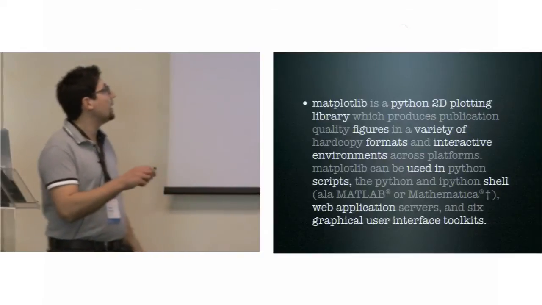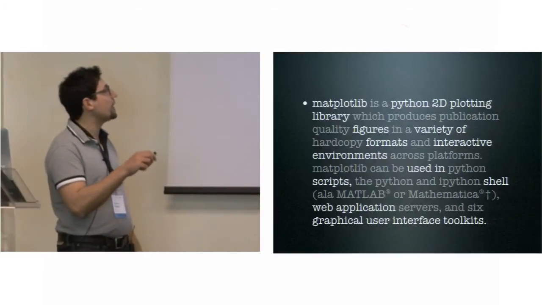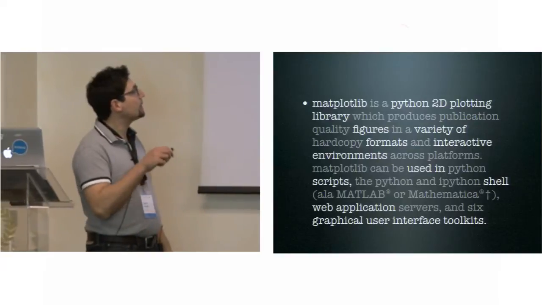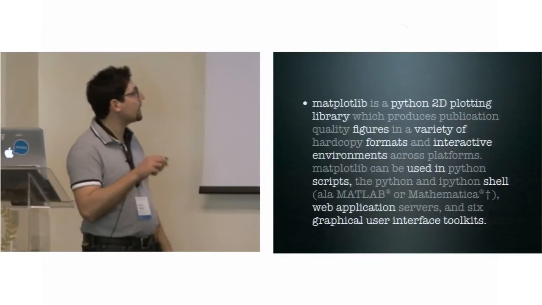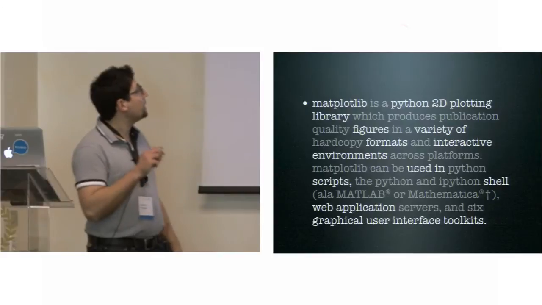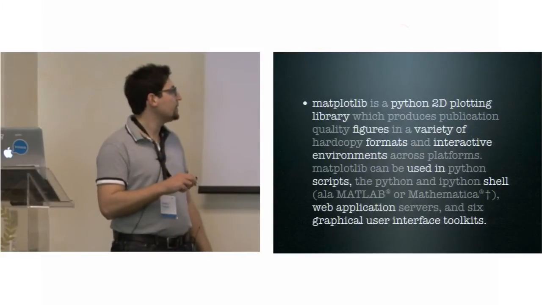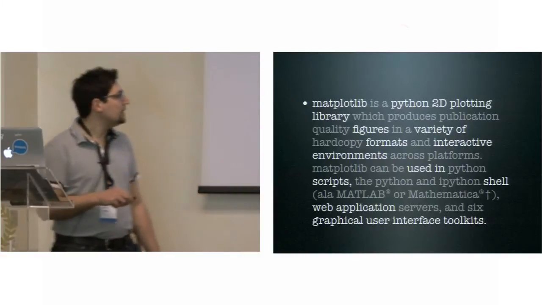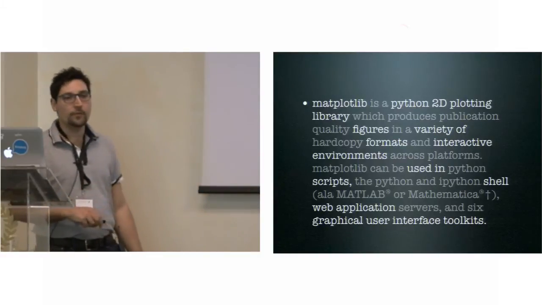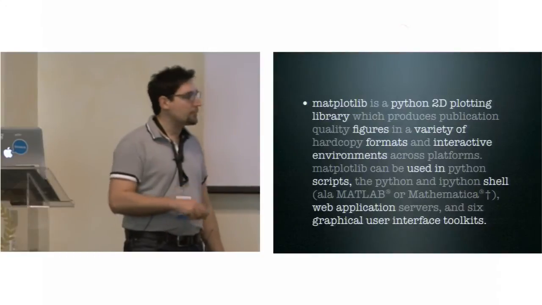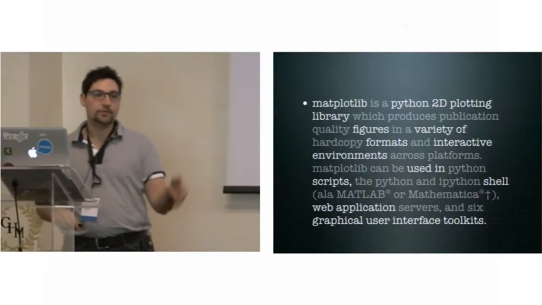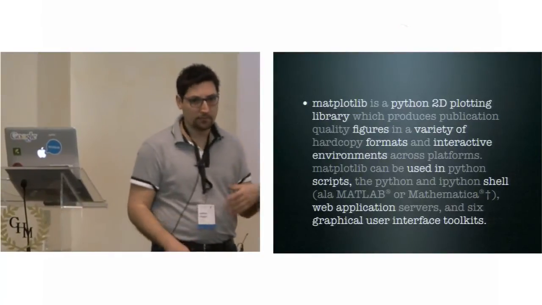Then it allows to produce figures in different formats and could be integrated into interactive environments. Matplotlib can be used in Python shell or in scripts, of course, Python or iPython shell, and web application. This is very interesting. And other graphical user interface toolkits, for instance, Qt, GTK, stuff like that.